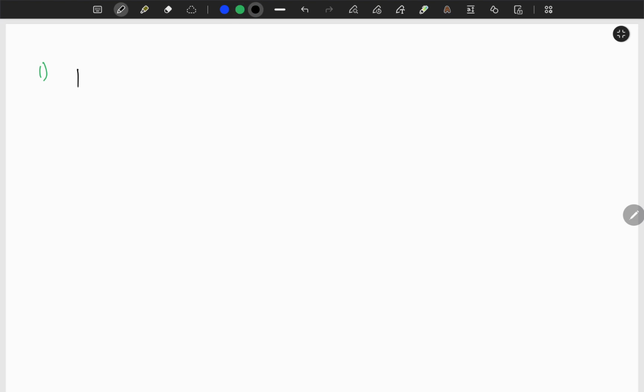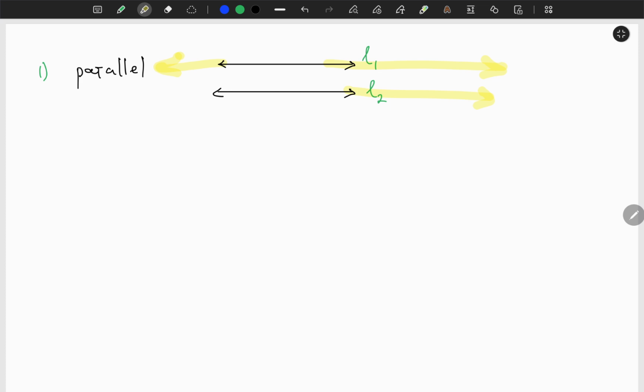Parallel lines. On the definition of parallel lines, we have two lines. Let it be line 1 and another line, line 2. If these two lines never intersect each other under any circumstances, line 1 goes this way or this way, line 2 goes, of course, the same to the right or to the left, doesn't matter.